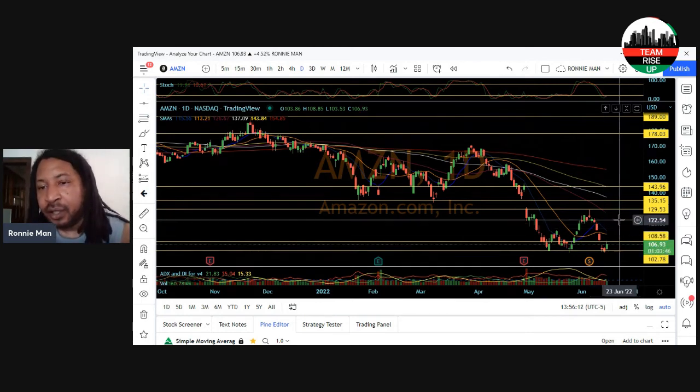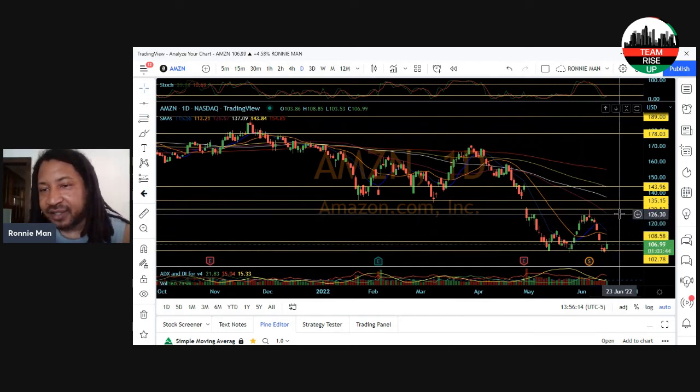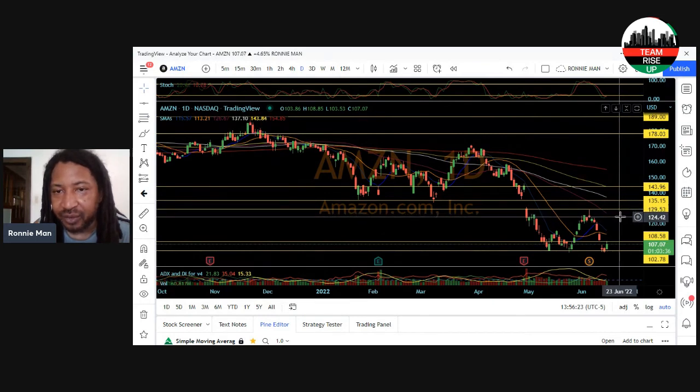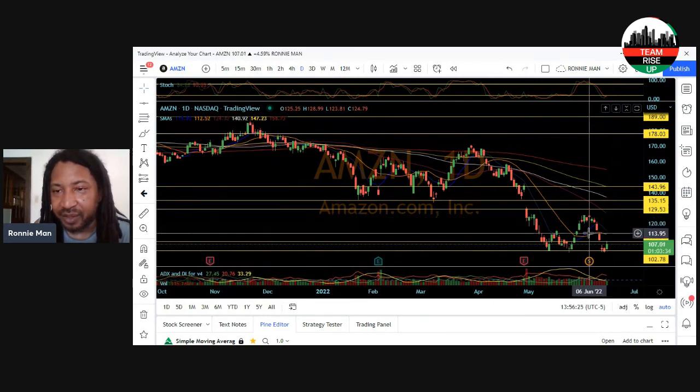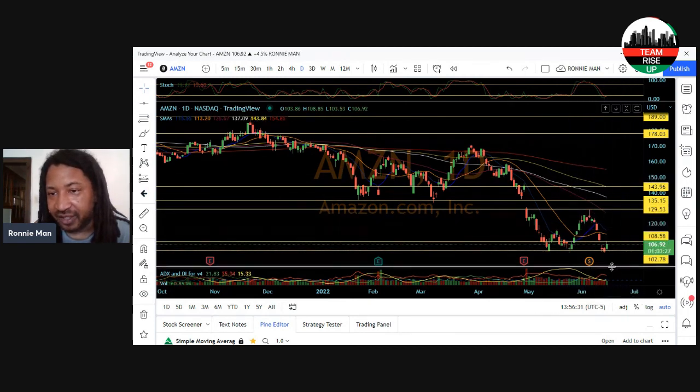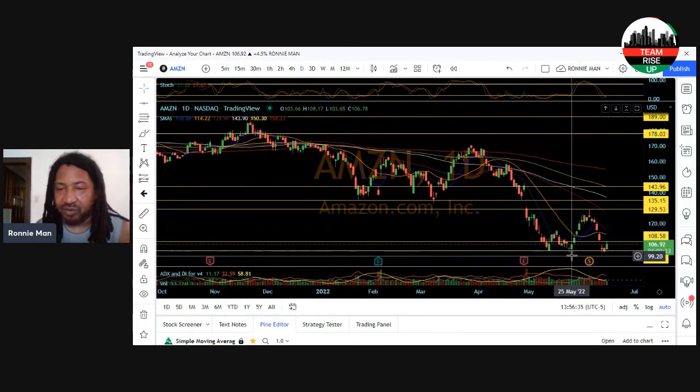Now, let's say price gets up here, around this area, right? That's when you should be mindful of what could happen. Now, let's say it makes this same move right here. It's getting ready to make this same move.